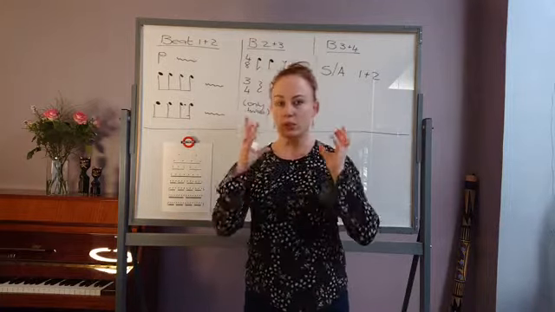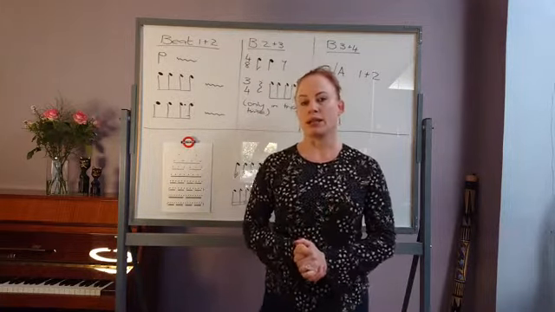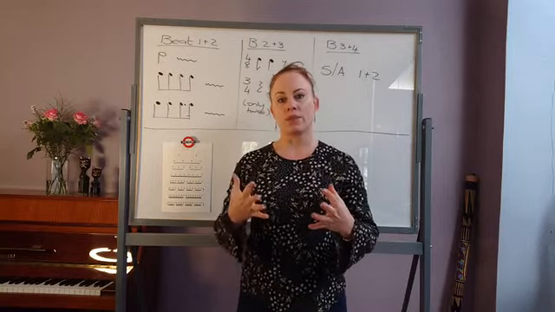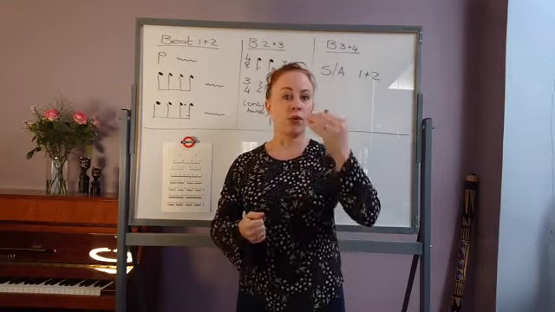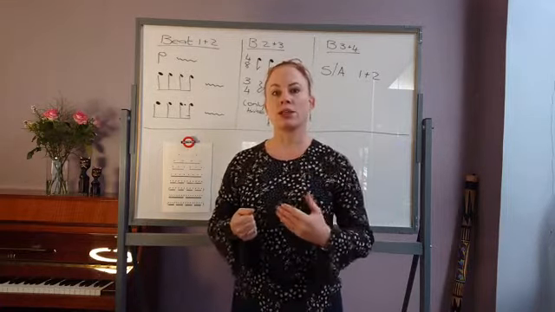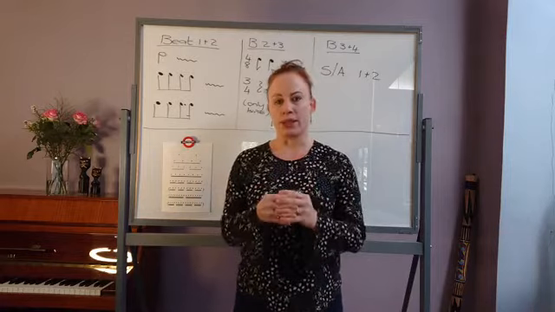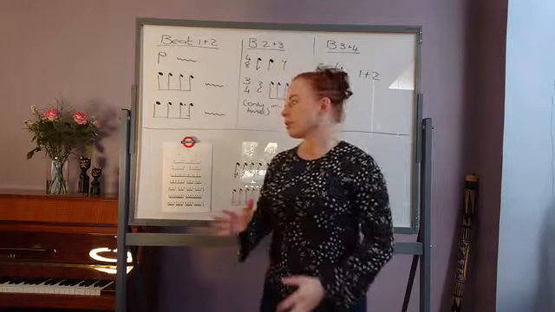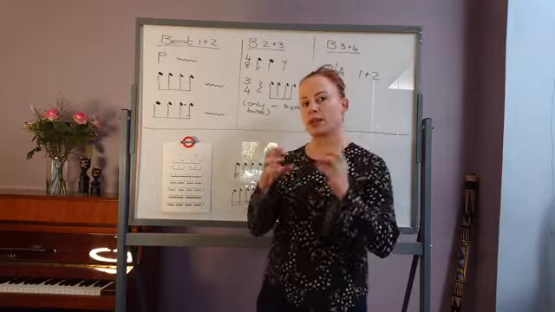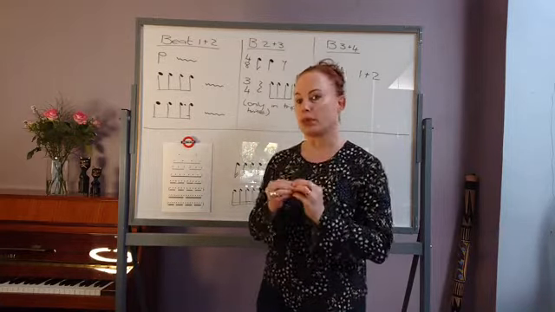So remember, we're just talking about simple time at the moment. So when your time signature is, say, 4/2 or 2/2 or 3/2, that's when the value of a beat is a minim. Okay, so remember what I said. Group everything that forms part of the same beat together.